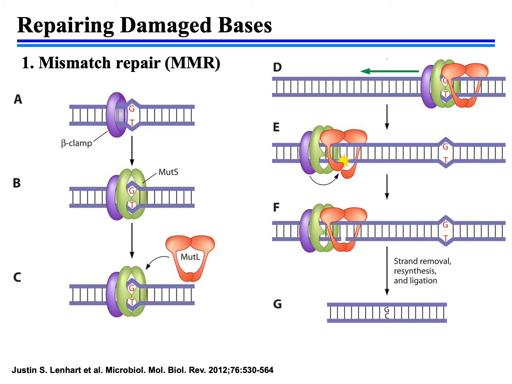Additional enzymes are recruited to the target location, including a helicase known as UvrD, as well as an additional exonuclease to help cut out damaged or mismatched DNA.